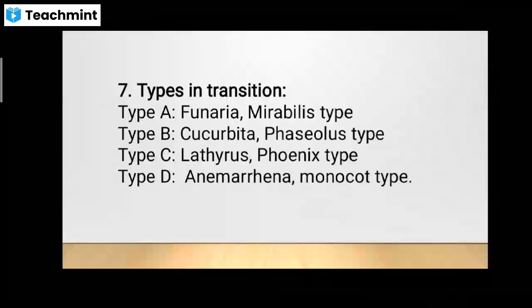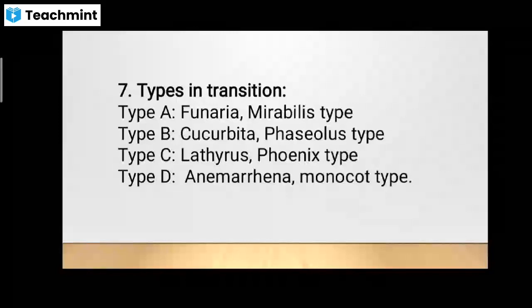Cucurbita, as you know, the cucurbita plant, has this type B root stem transition, which is also called the Phaseolus type. Then the third one is type C. Type C is found in the Lathyrus plant or Phoenix, and is also called the Phoenix type.